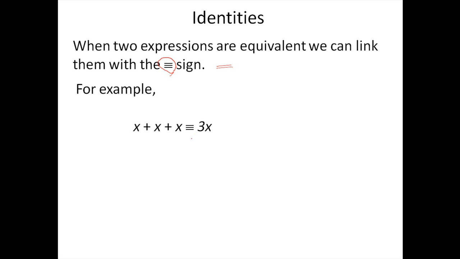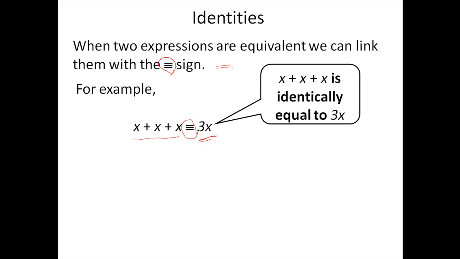So for example, x plus x plus x is identical to 3 times x. They're exactly identical. They're basically 2 faces of the same coin. There is absolutely no difference except for how you see them. x plus x plus x is identically equal to 3x. This is an example of an identity.